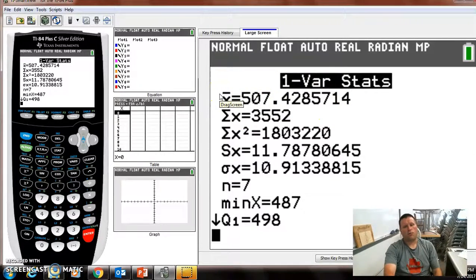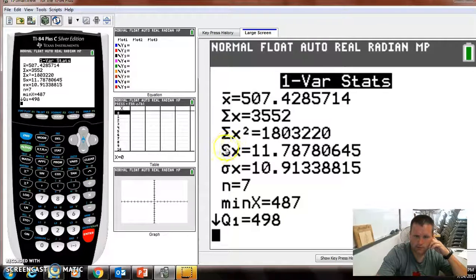The nice thing about this, if you guys remember when we were first talking about the SD plus, I told you it was that S with the X. Well, look here, your calculator does that. You can use the formula if you want, but your calculator does it for you. So this 11.79 is that SD plus.